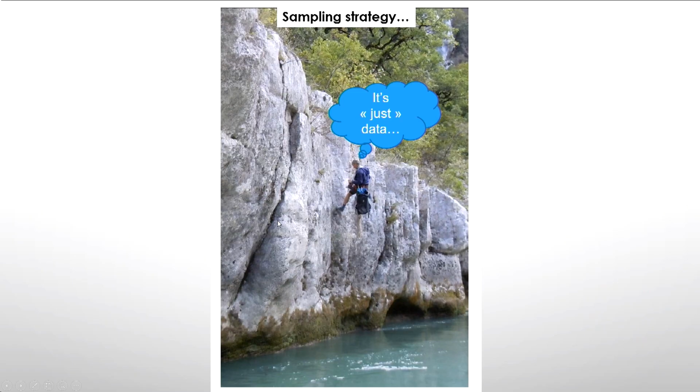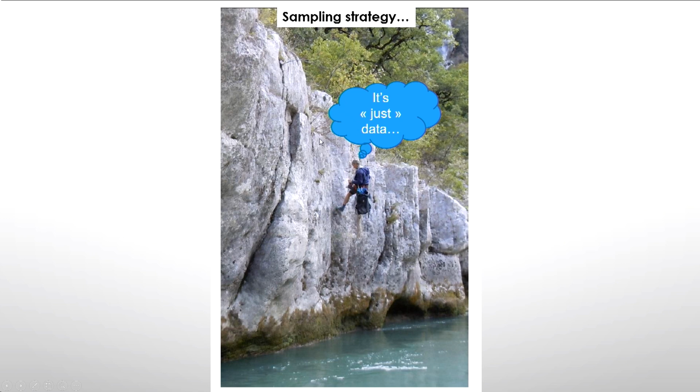So what is the sampling strategy? It's both simple and complicated. You have to find someone who is okay with that. This is Yann Roland, who is a geologist, geomorphologist, and a climber. So very, very good.